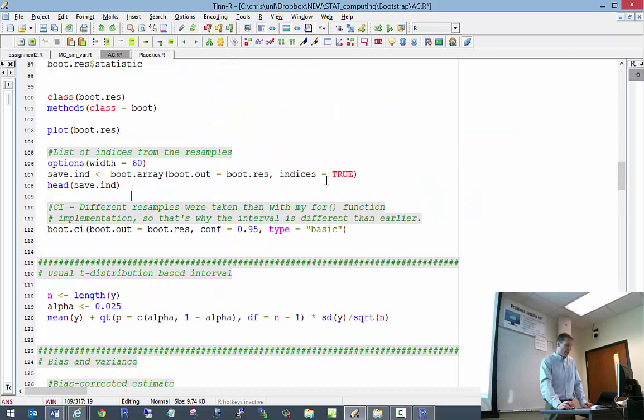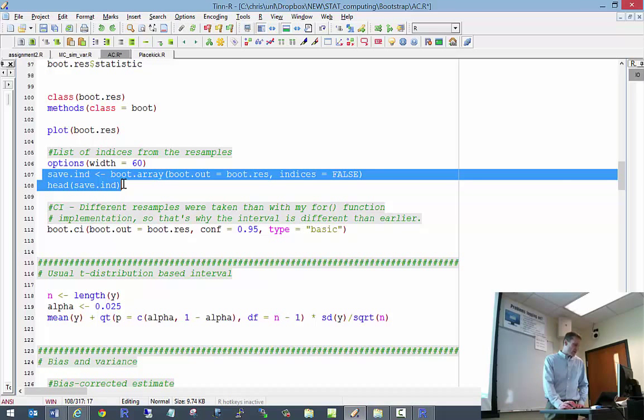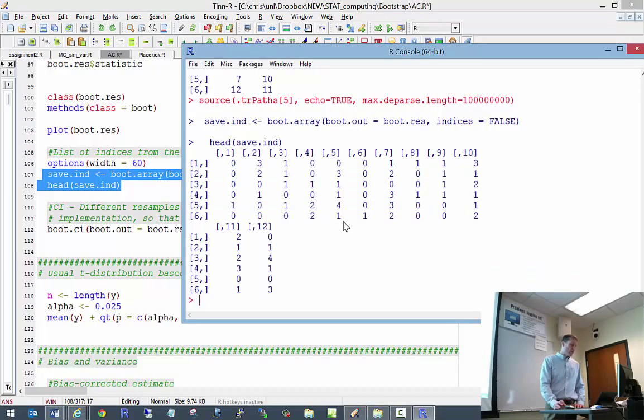Now there's another useful version of the boot.array function, which will pop up in the next assignment. If you put indices equal FALSE, what you get is some information that helps you relate the bootstrap to sampling from a multinomial distribution. So in my first resample, I observed y1 0 times.